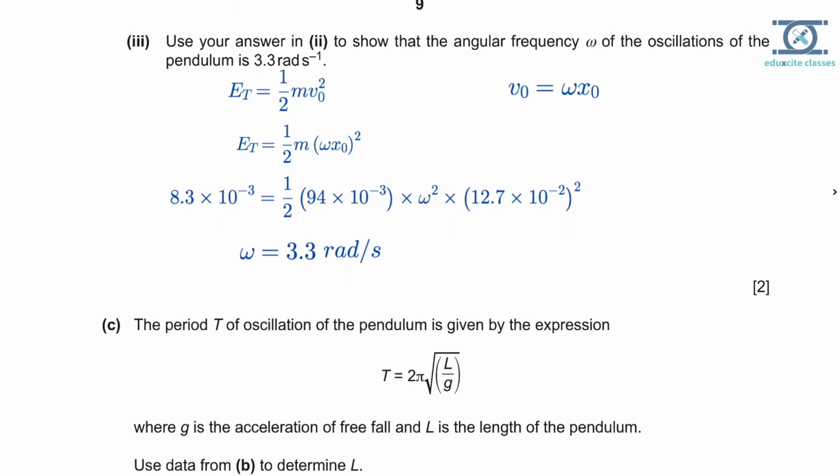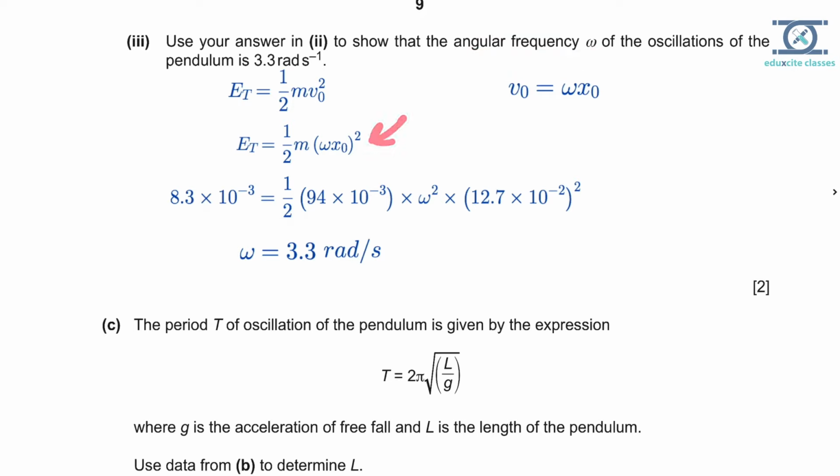Now use your answer to show the angular frequency omega of the oscillation is 3.3 radian per second. We know that the total energy is also equal to half m v naught square, where v naught is the velocity at the mean position, vertically down. We have the relation between linear velocity and angular velocity: v naught equals omega x naught, where omega is the angular frequency.